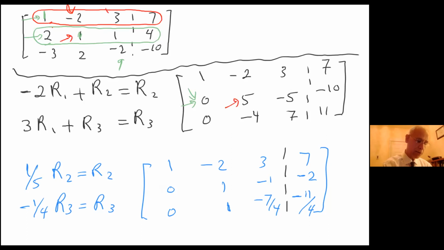-2 times 3 is -6, added to the 1 is -5. And finally, -2 times 7 is -14, added to this 4 is giving me -10 right here.